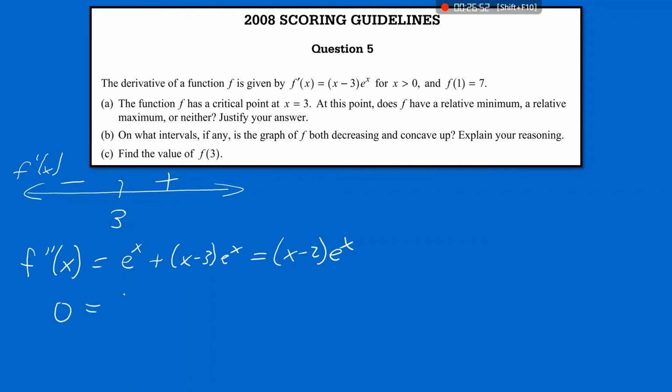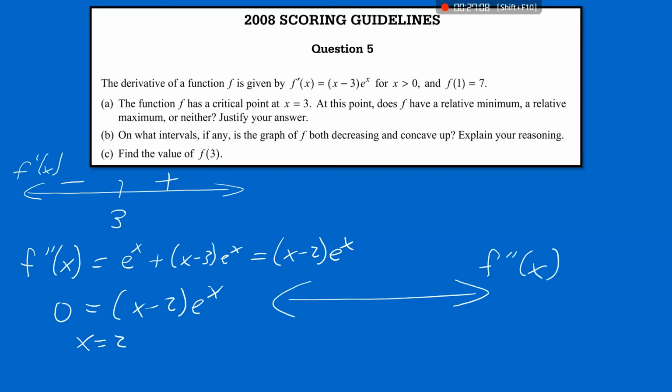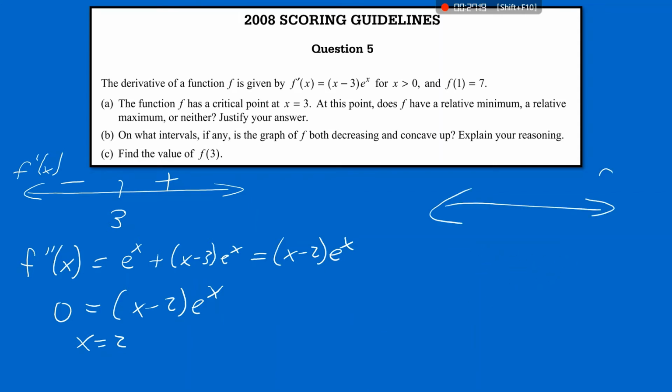So if I set that equal to 0 and solve for x, this is going to be 0 whenever x is equal to 2. So my concavity changes at 2. I'm going to leave a little bit more space. Got to adjust my answer after this. This is our second derivative test, about 2.